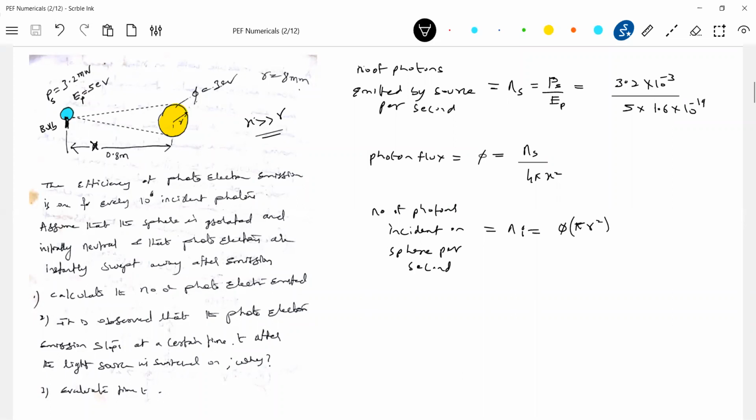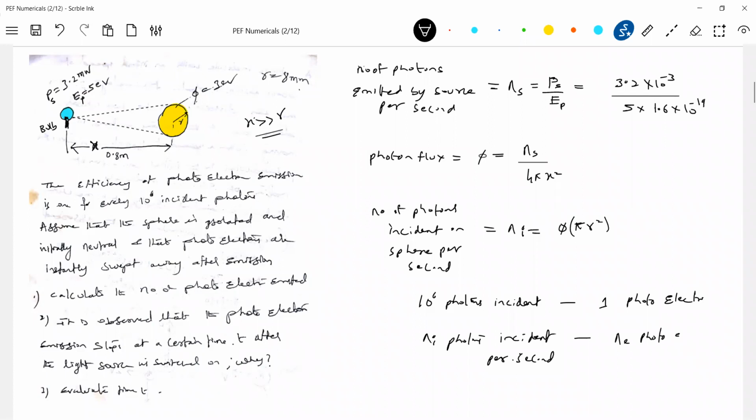Now we have the efficiency. For 10 to the power of 6 incident photons, 1 photoelectron is emitted. If Ni photons are incident per second, then how many photoelectrons will be ejected per second?